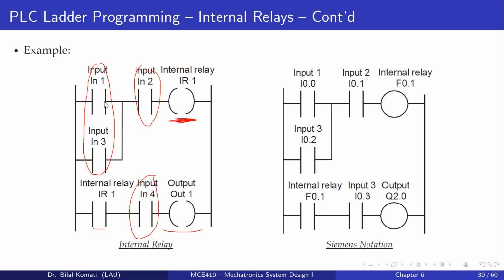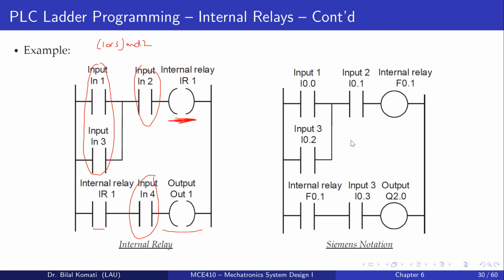So when we have a combination, input 1 or 3, and 2 happens, we will save this state. Then if we press input 4, output 1 will be actuated. So this is the idea.